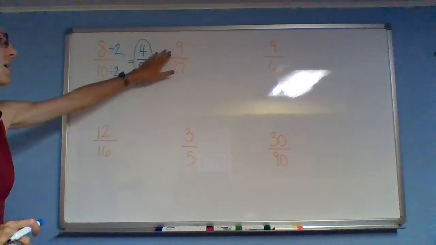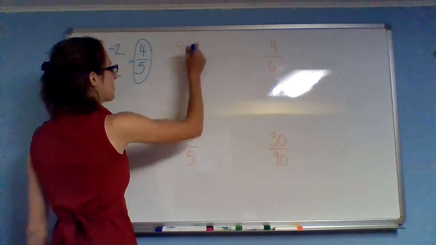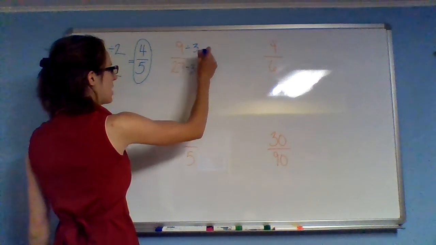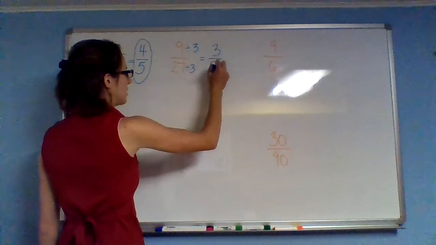In my next one, 9/27, I know that both 9 and 27 divide by 3. So I could divide the top and the bottom number by 3, and I would get 3/9.